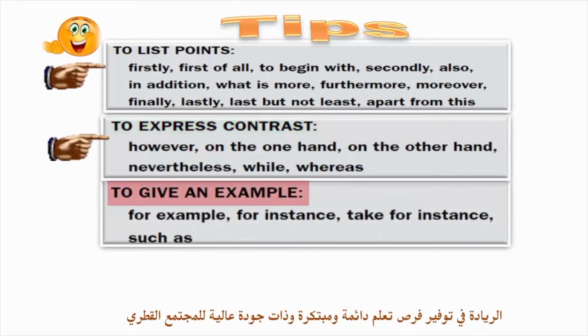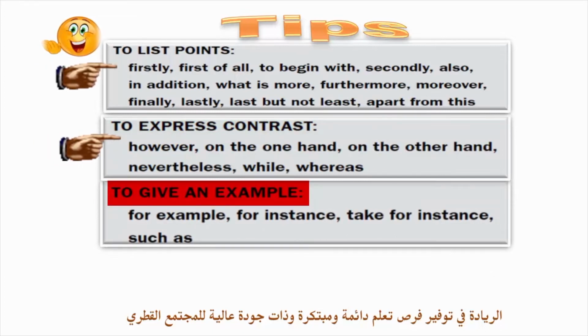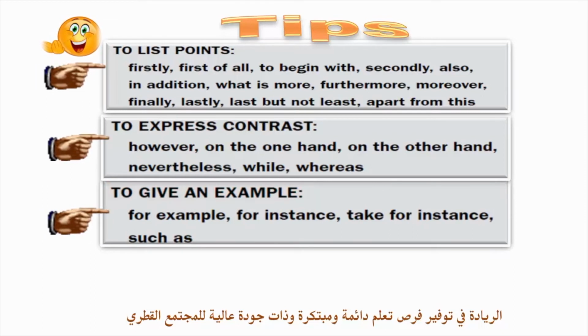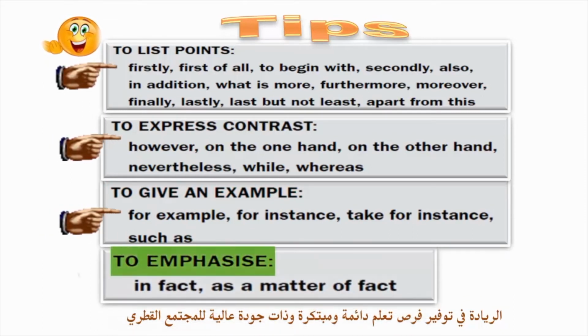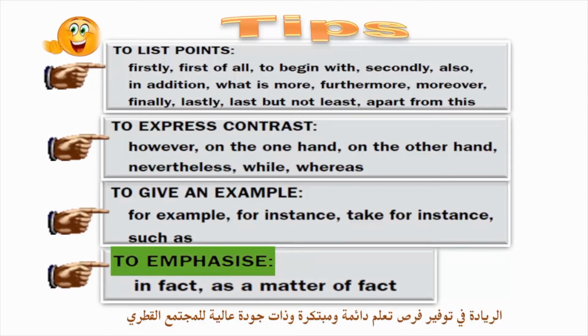If you want to give an example, you can use phrases like, for example, for instance, take for an instance. And if you want to emphasize something, you can use in fact or as a matter of fact.